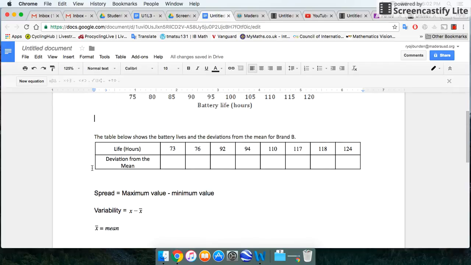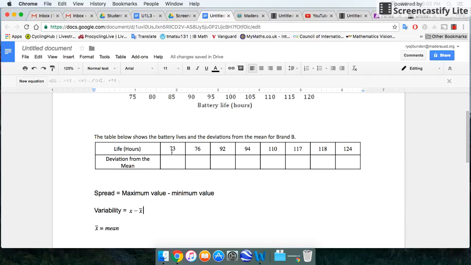There's three different things that we're going to be doing within this particular lesson. One thing is we're going to calculate the mean, which is what we've been doing this entire unit. Another is we're going to calculate the individual variability. Again, the variability is how much each of these batteries differ from the average, right?